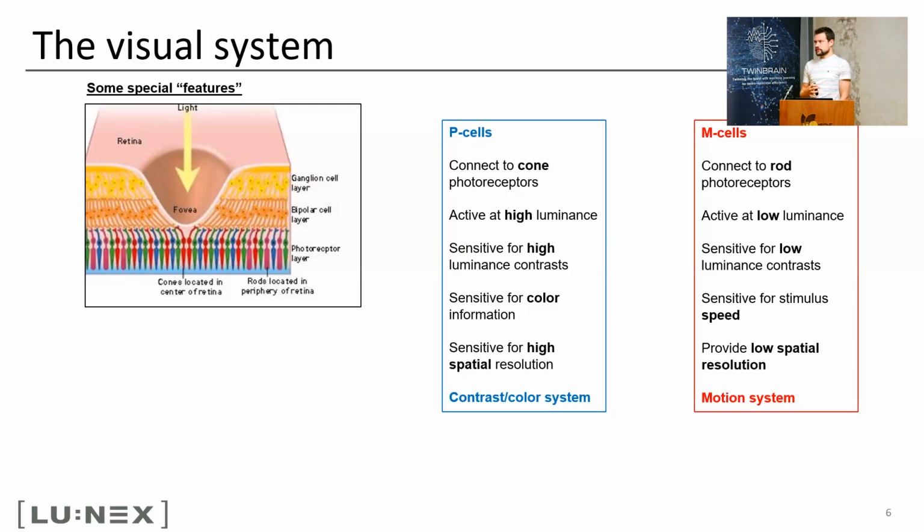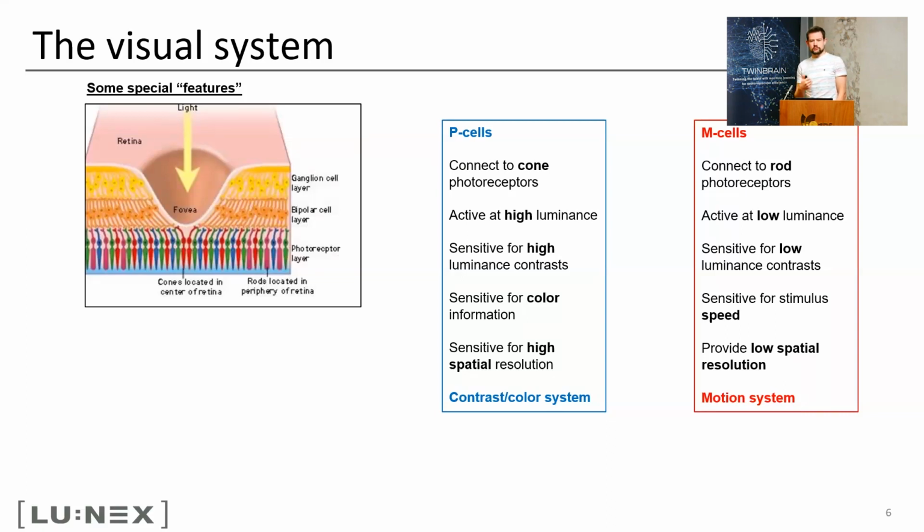They are very sensitive for high luminance contrasts. The maximum luminance contrast that I can get is black and white. So a luminance of, in the best case, 0 and a high luminance of around 100, 120 candela, dependent on the screen that you are using. So high luminance contrast. Further, they are sensitive for color information.